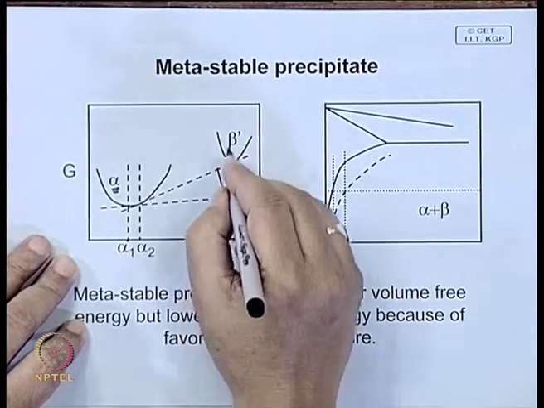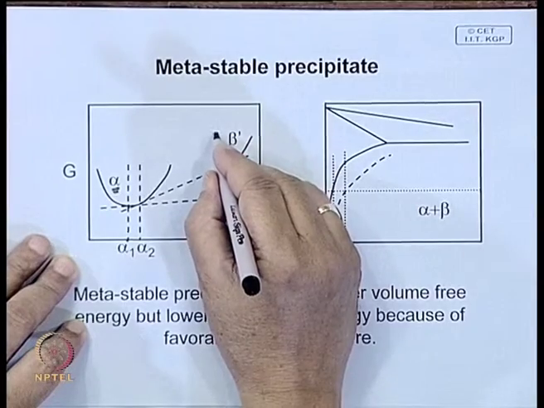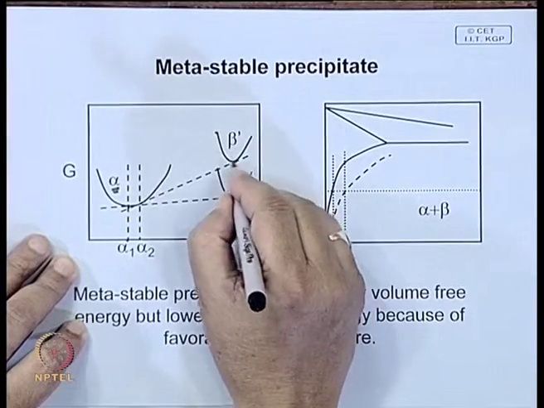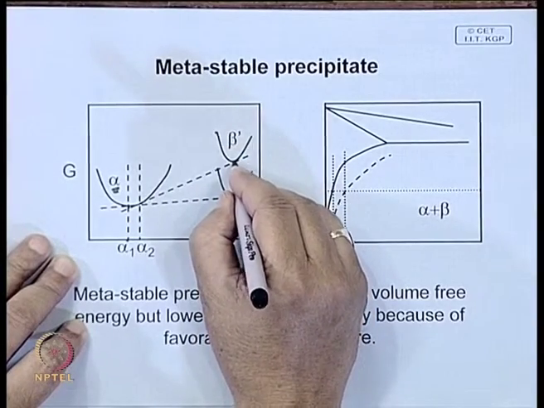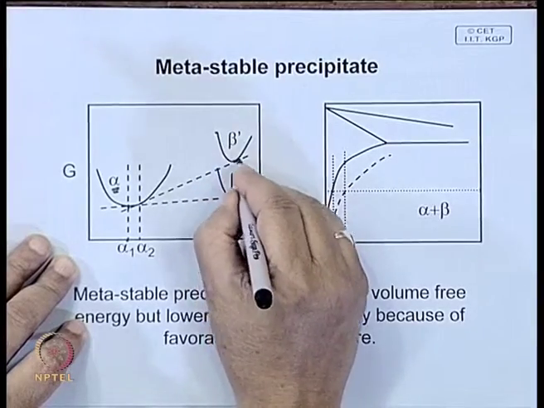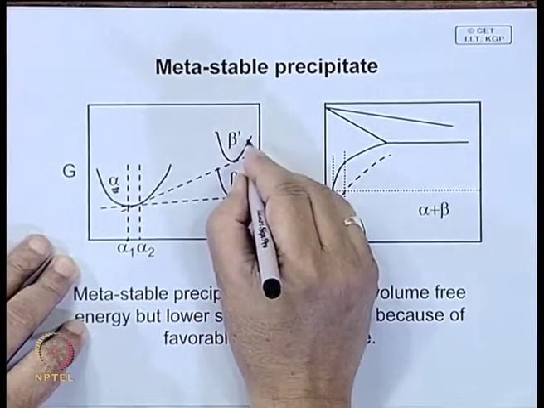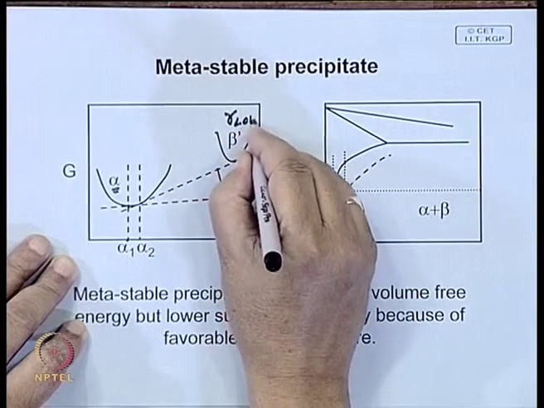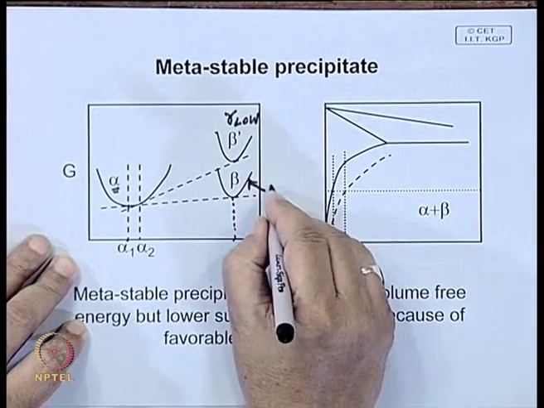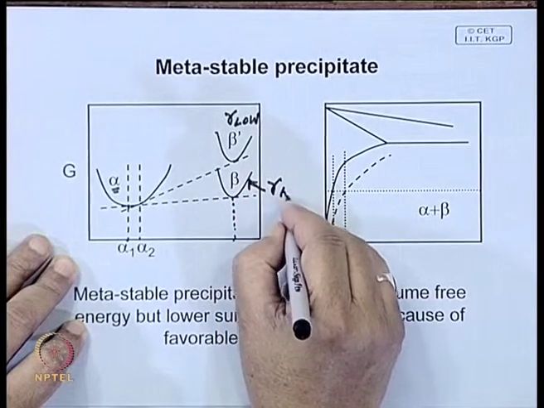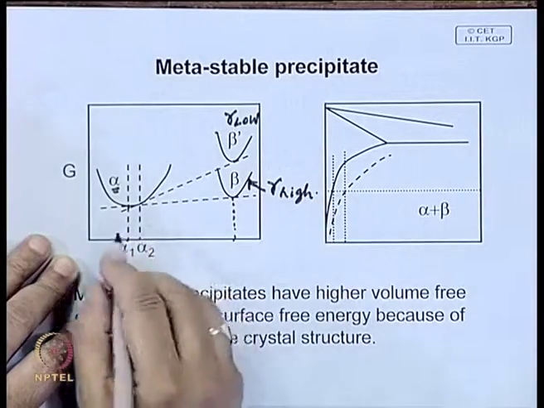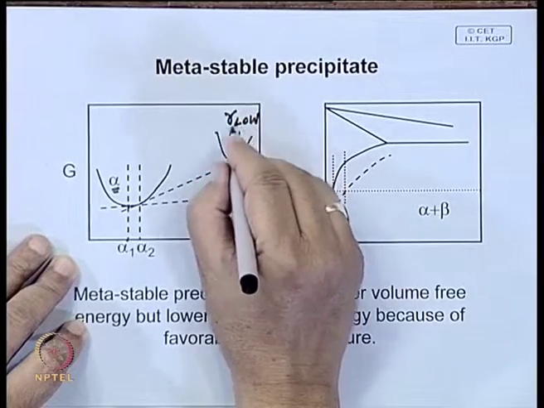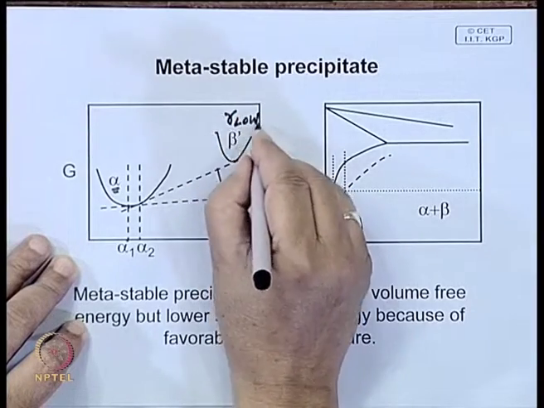Whereas, if you have a metastable precipitate, a coherent precipitate, say something which is shown here, thermodynamically it is a little unstable. So, it has higher free energy, but look at what happens here. If this is here, gamma is low, this is coherent; that stable precipitate is incoherent, gamma is high. Now, with this low gamma, it is preferred because it will have a low activation hill to overcome.